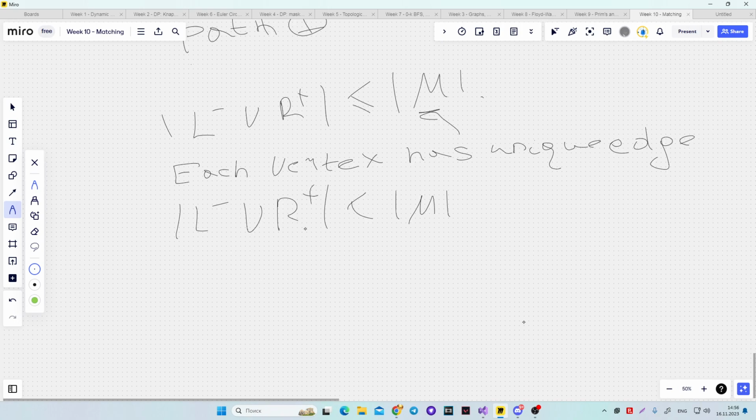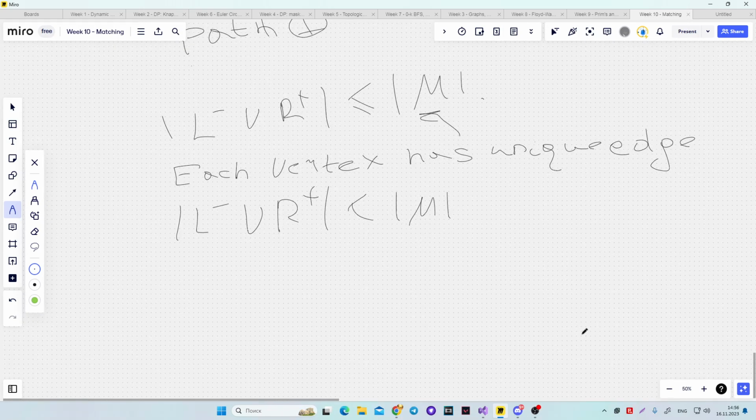If we consider some vertex cover and maximum matching, it's easy to understand that the vertex cover will at least contain one vertex of each matching edge.